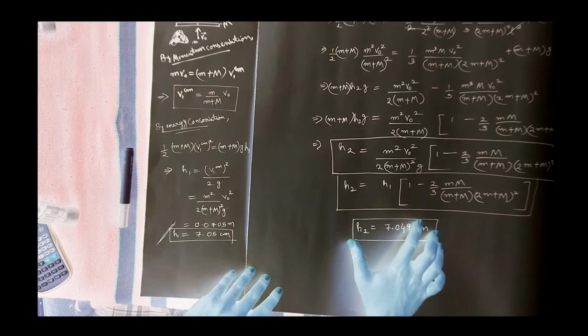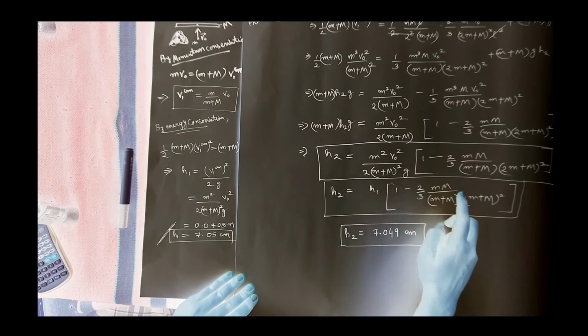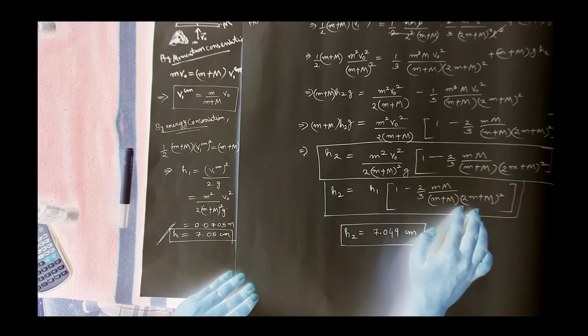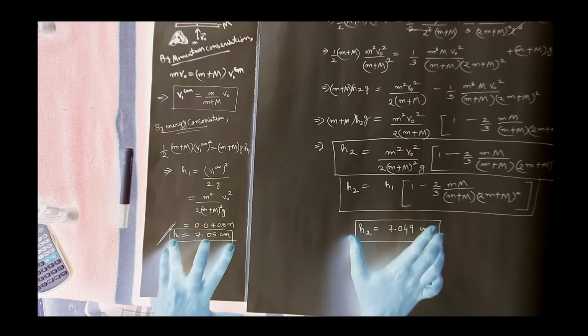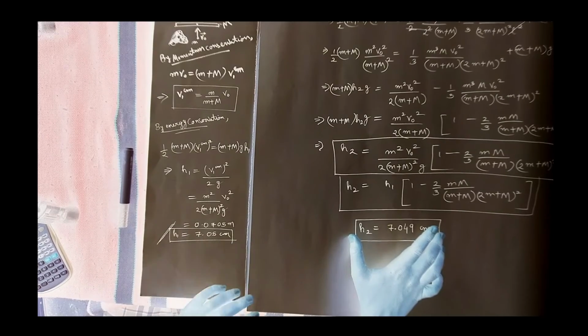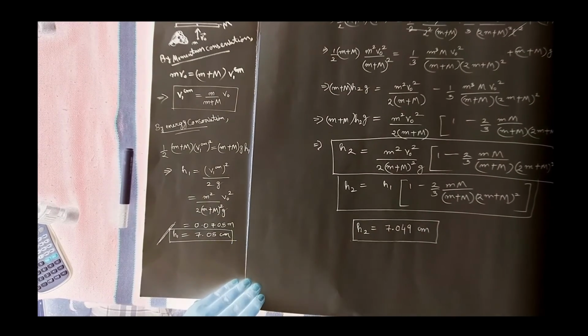Just due to the values of small m and capital M that I have taken, my answer is not much different from h1. The difference is very small, but there is a difference. h2 is less than h1, and I am going to show you in the video.